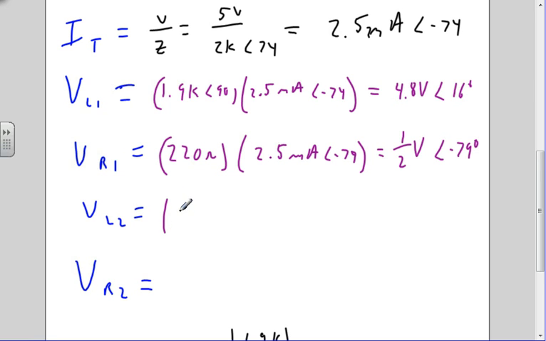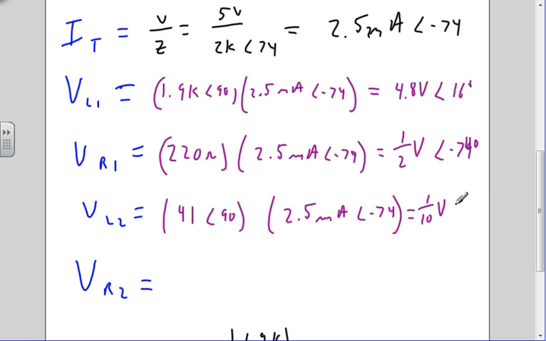Across the second inductor, 40. Oh, the other 74. Angle 90, 2.5 milliamps, angle minus 74. That's not going to be very much. 1/10 of a volt, angle minus 74.